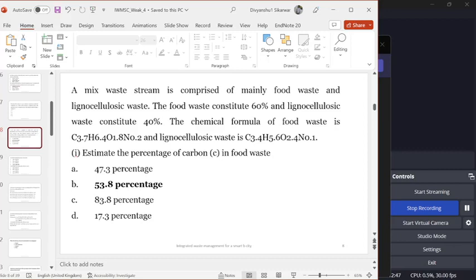It is 145 into 47.33 plus 610 into (hydrogen 6.49 minus oxygen 44.54 divided by 8) plus 10 into 1.62.